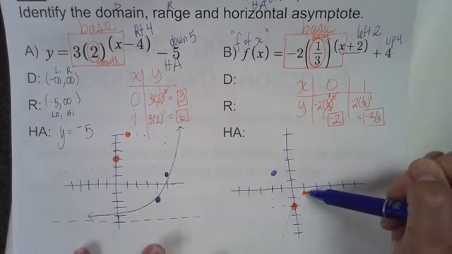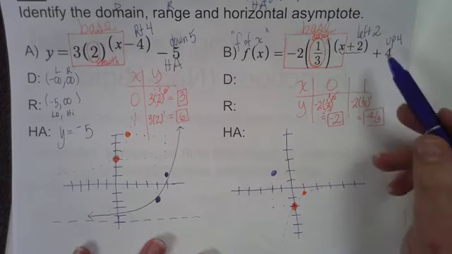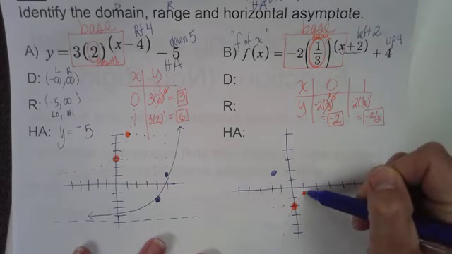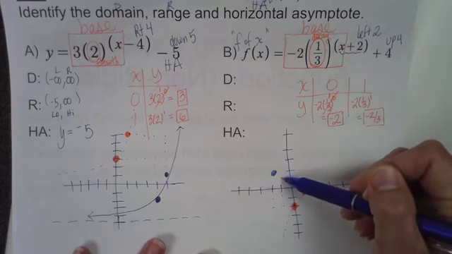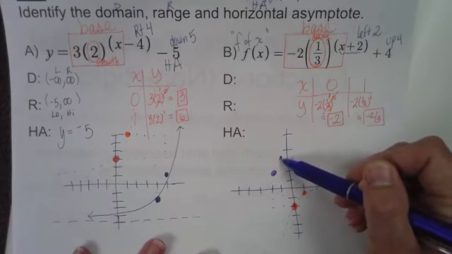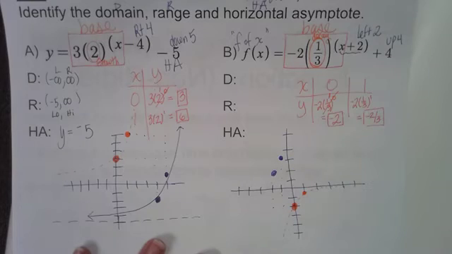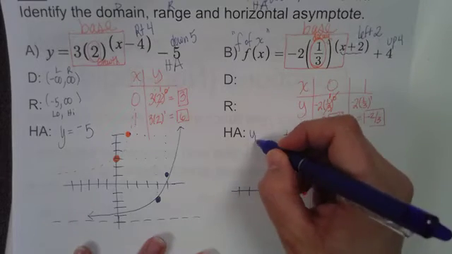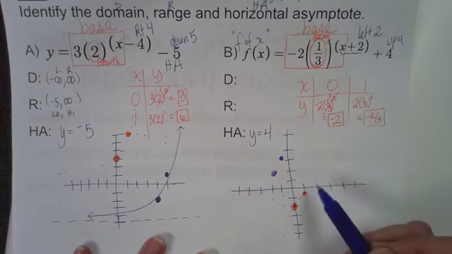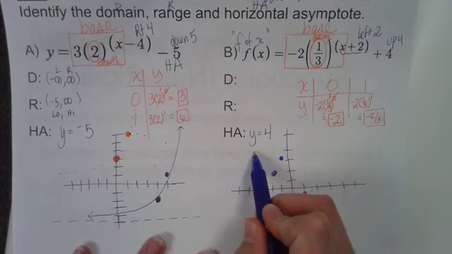I'm going to take this other dot here and again move left 2 and up 4. Left 1, left 2, up 1, up 2, up 3, up 4. What is our horizontal asymptote? Good. Y equals 4. I'm going to make sure I draw that in first.